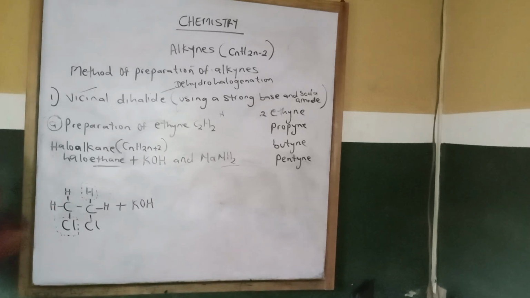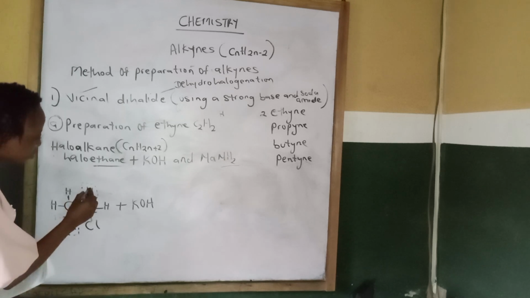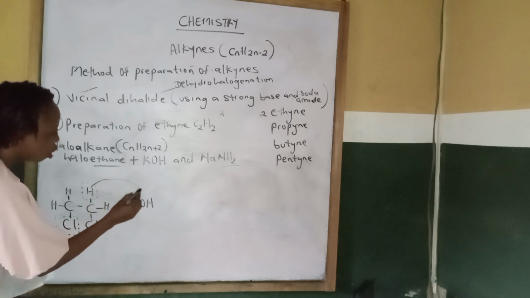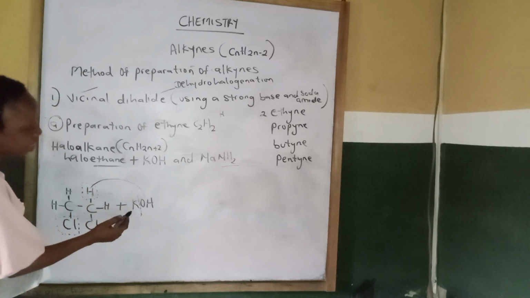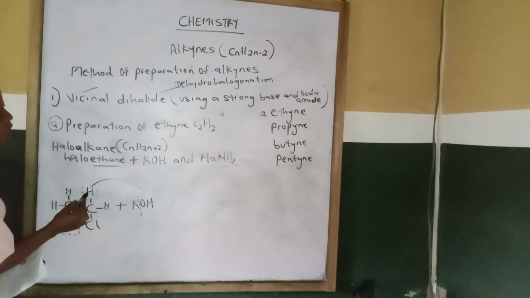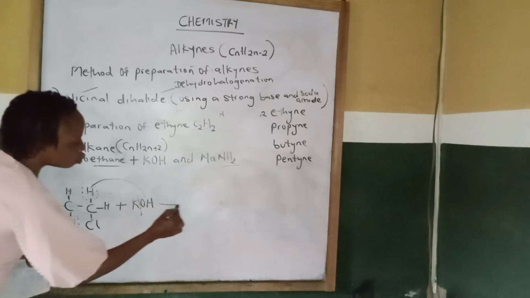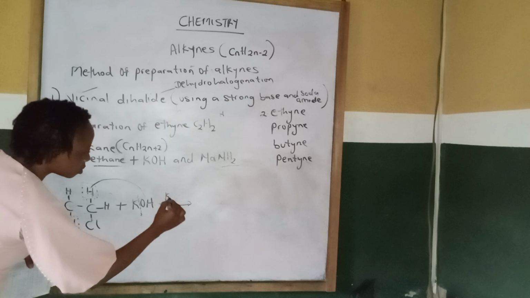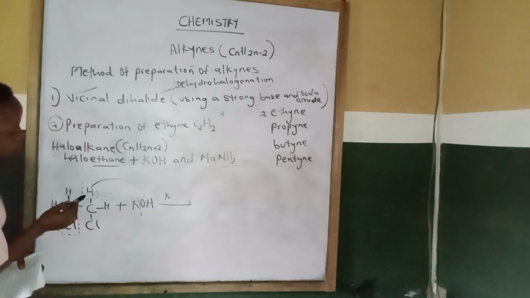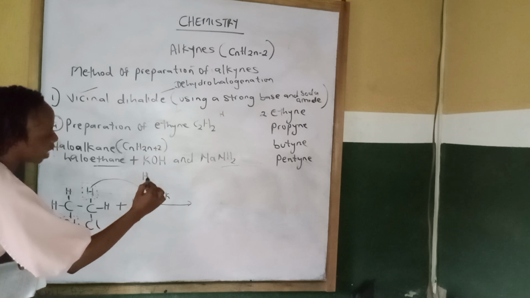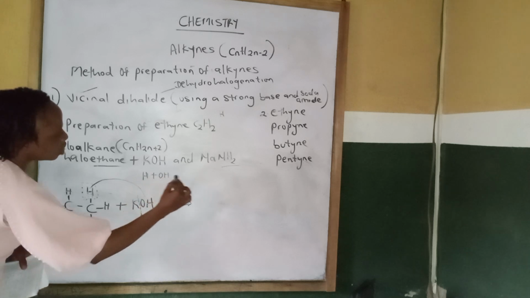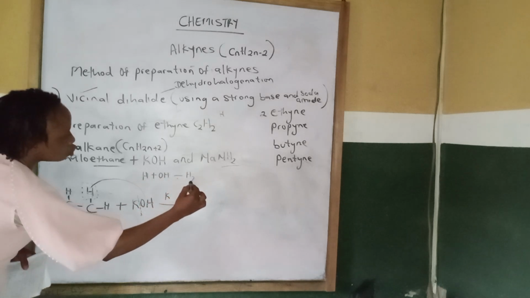So by the time you remove hydrogen here and chlorine here, this hydrogen will combine with OH. This KOH will decompose into K and OH. So hydrogen will combine with OH to give H2O.